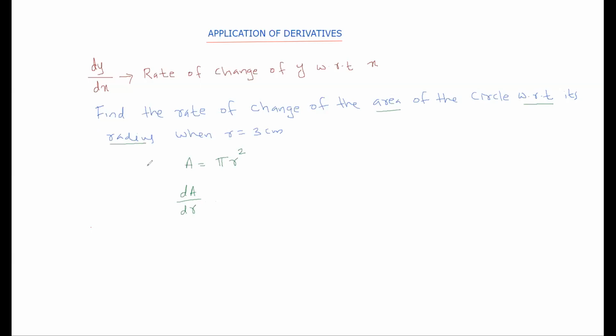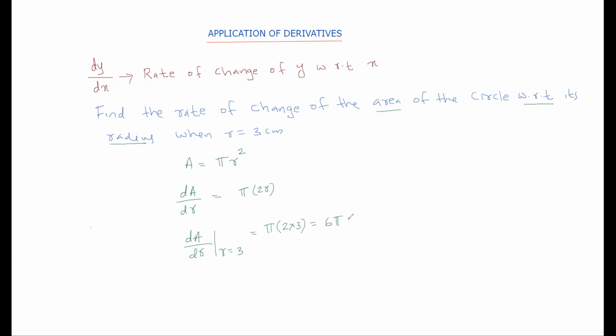That means the derivative of area A with respect to r, dA by dr, is equal to pi, which is constant, times the derivative of r square, which is 2r. But we need the rate of change of area with respect to radius when r is equal to 3. So when r is equal to 3, it is pi into 2 into 3, which is 6 pi.